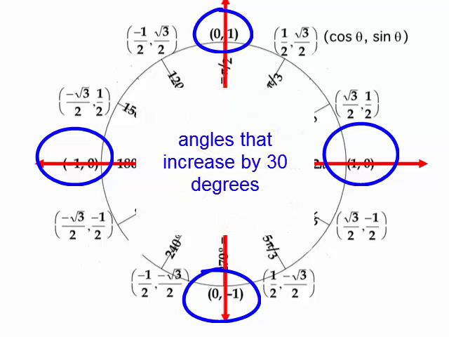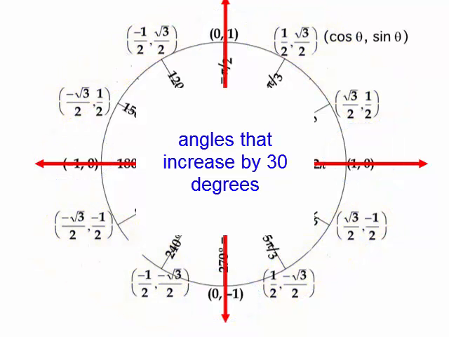Look at all of the cosines and sines for the other angles. They are all made up of either 1/2 or the square root of 3 over 2. Some are positive and some are negative. Feeling good? Let's keep working.